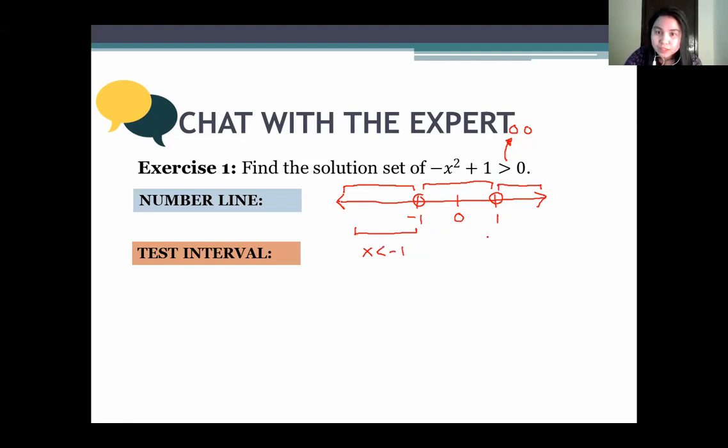The middle is called between -1 and 1. The last is x is greater than 1. Do you have questions?